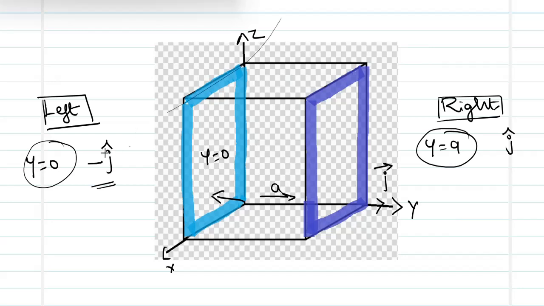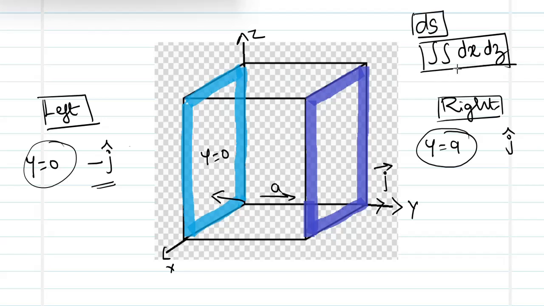Now coming to your y plane, what happens over here is we have dS to be the surface integral. Y has been cut off over here, hence your double integral will be a function of dx and dz. Now dS will be integrated with respect to x and with respect to z.